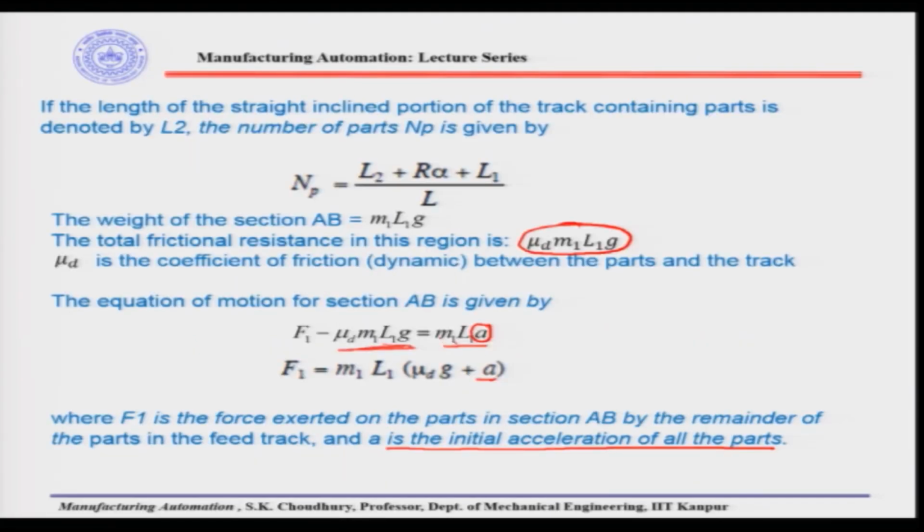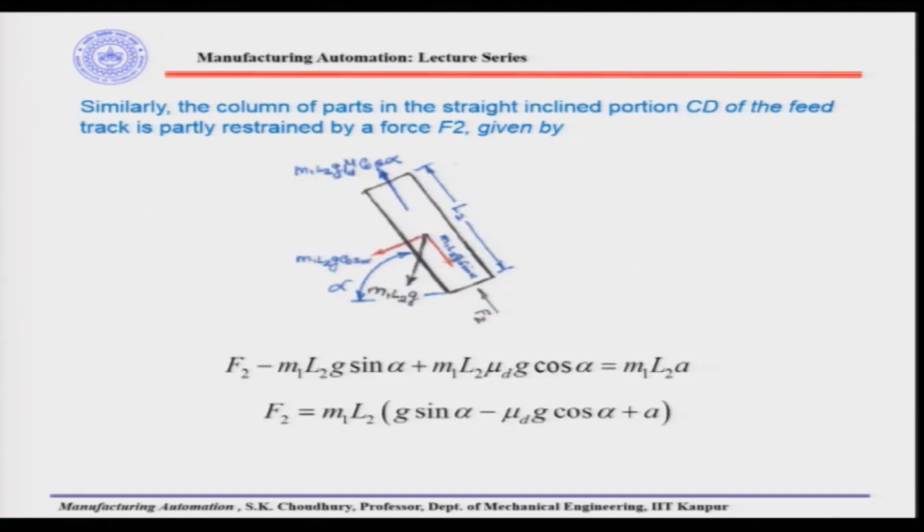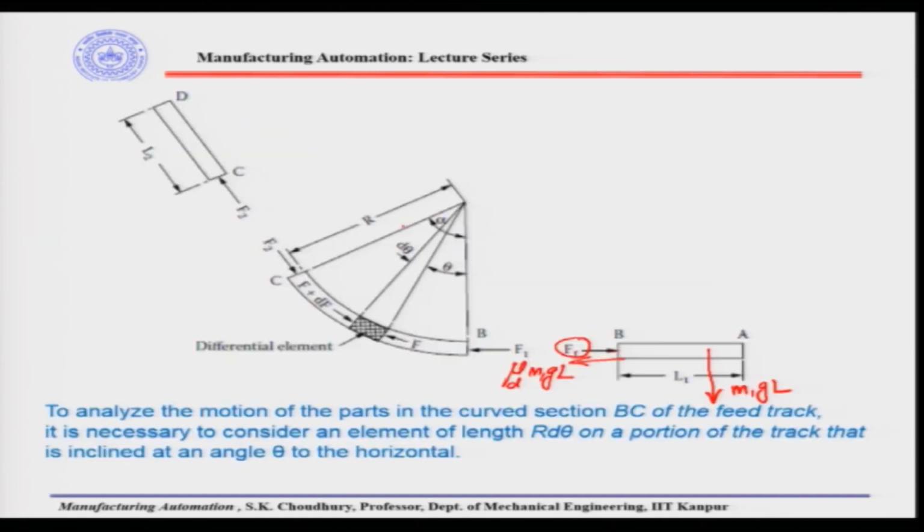Similarly, we can find out how the equation for the inclined section can be made. Here the inclined section is this one. Here we have F2, as it was F1 before. Now, what is F1? Let us say F1 is the force by the remaining parts on the parts located at AB, and the reaction will be F1 here.